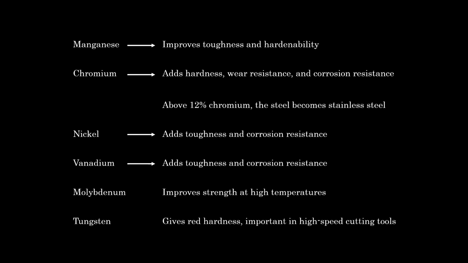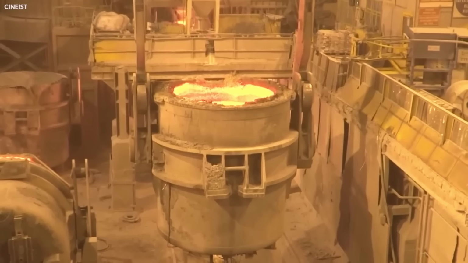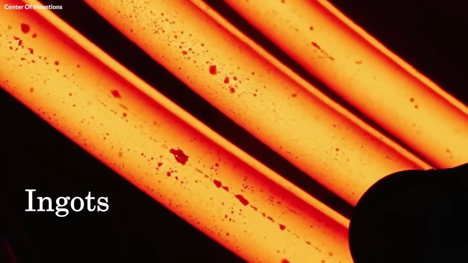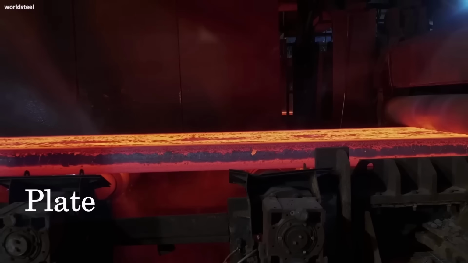Vanadium refines the grain size and improves wear resistance, a key element for tool steel. Molybdenum improves strength at high temperature, and tungsten gives red hardness, important in high-speed cutting tools. And many other elements can also be added depending on the steel grade. After alloying, the molten steel is cast into ingots, plates or sheets.